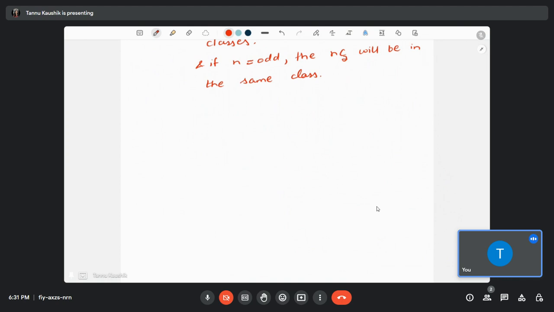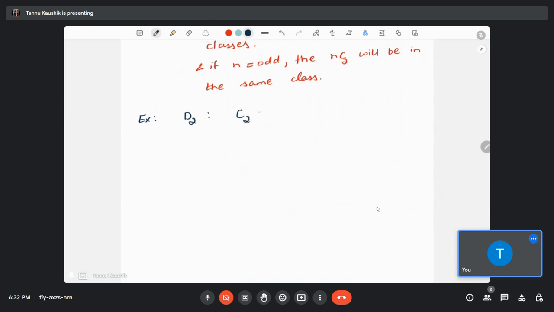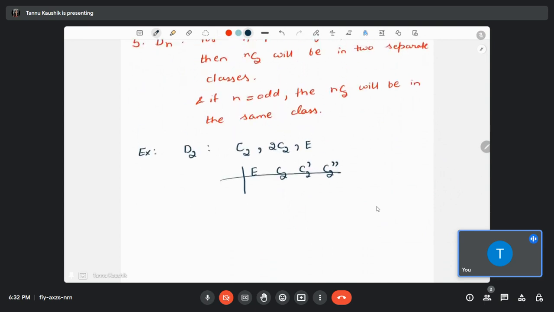Anyway, let us take some examples here. The D2 point group will have C2 as its principal axis of rotation, two other C2 axes of rotation, and one identity element. So it will be written as E, C2, C2 prime, C2 double prime.